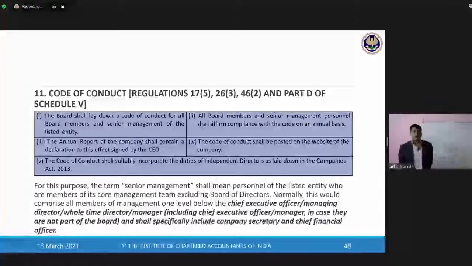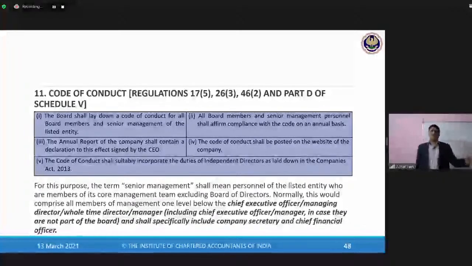Third, the annual report of the company shall contain a declaration to the effect that this code of conduct is in place. So therefore, this responsibility has also been passed on to the Chief Executive Officer of the company. Code of conduct shall also be posted on the website of the company. So this is something which is available in a public domain.